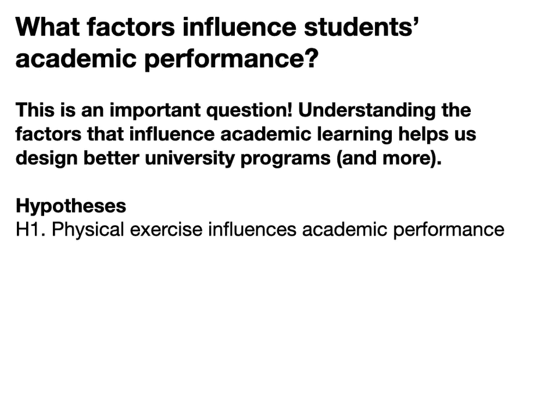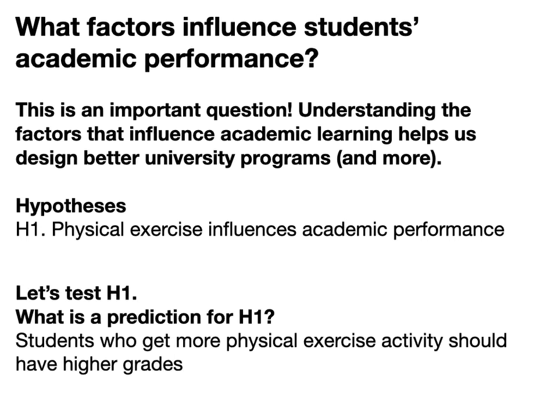So that's a really important question. Understanding the factors that influence academic learning can help us design better university programs and really promote students' careers. So we might have a hypothesis that physical exercise influences academic performance, and we might have a prediction that students who get more physical exercise should get higher grades.